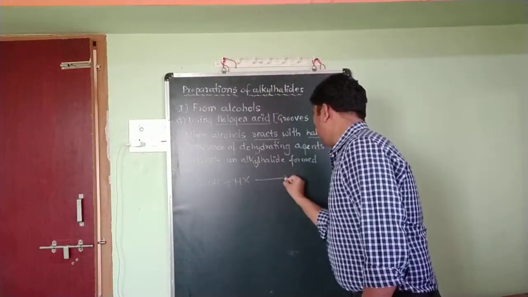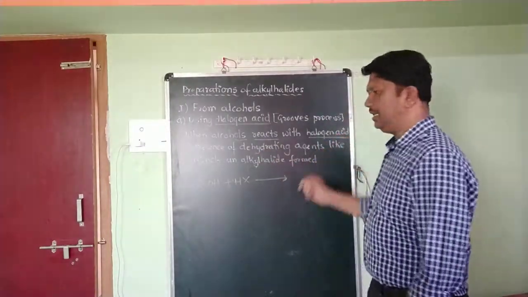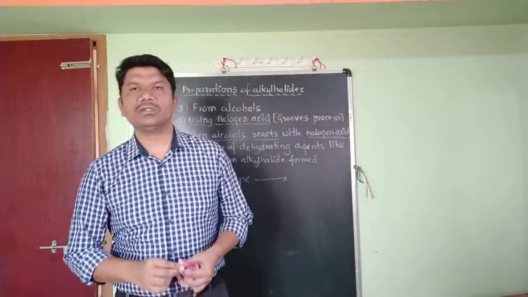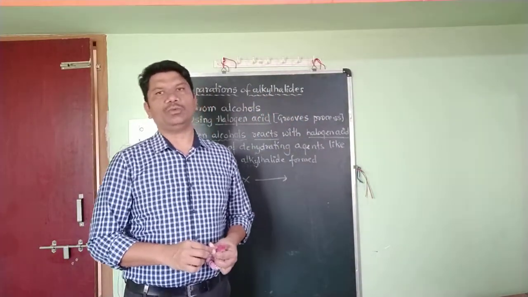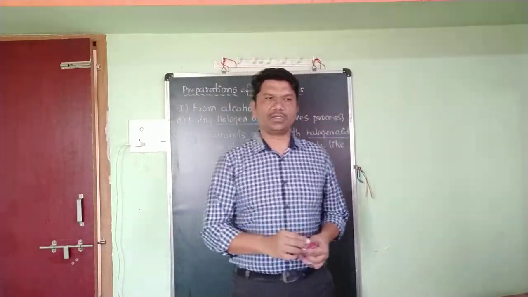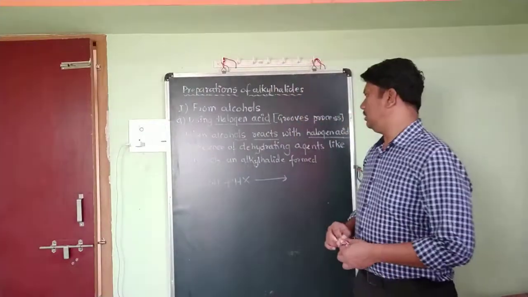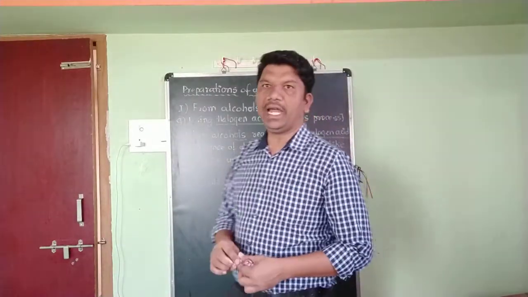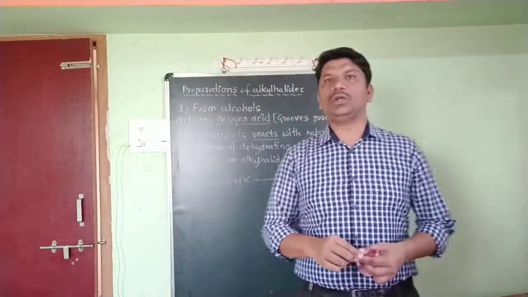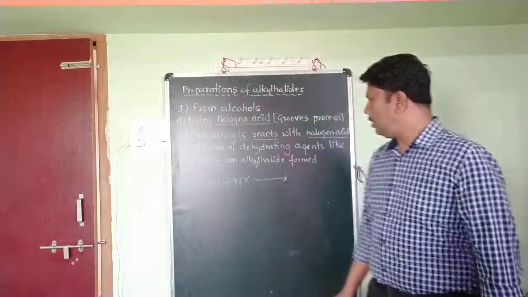When alcohol reacts with halogen acid in presence of a dehydrating agent, a dehydrating agent is a chemical substance used to remove a water molecule. Sulfuric acid is the best dehydrating agent, but in this reaction anhydrous zinc chloride is used. It helps to remove a water molecule.